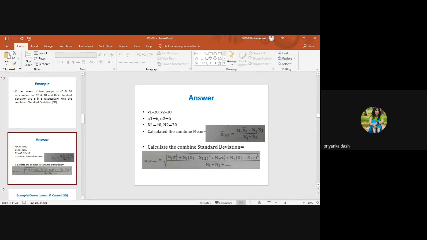In the second part, 10 minus 16.66 is minus 6.66, and the 6.66 square should be added. That is the second part.